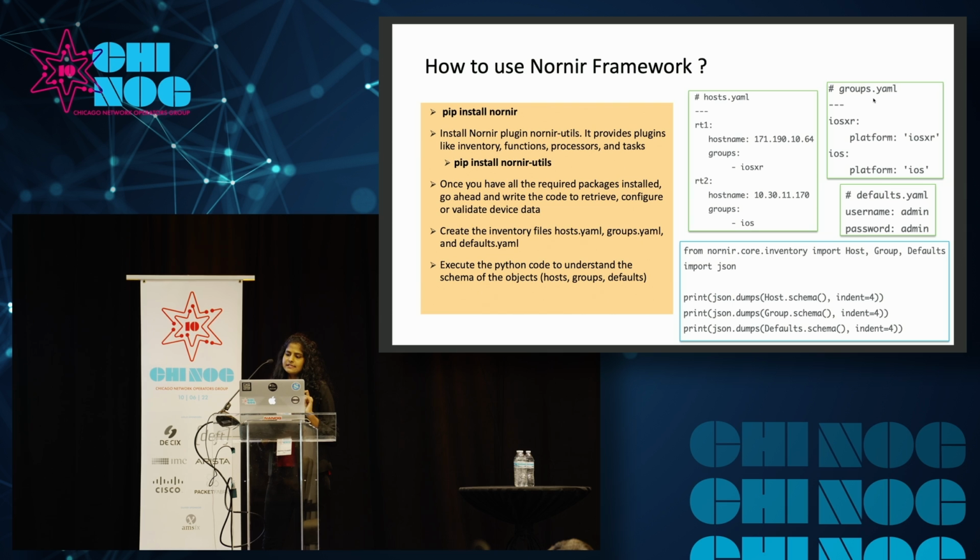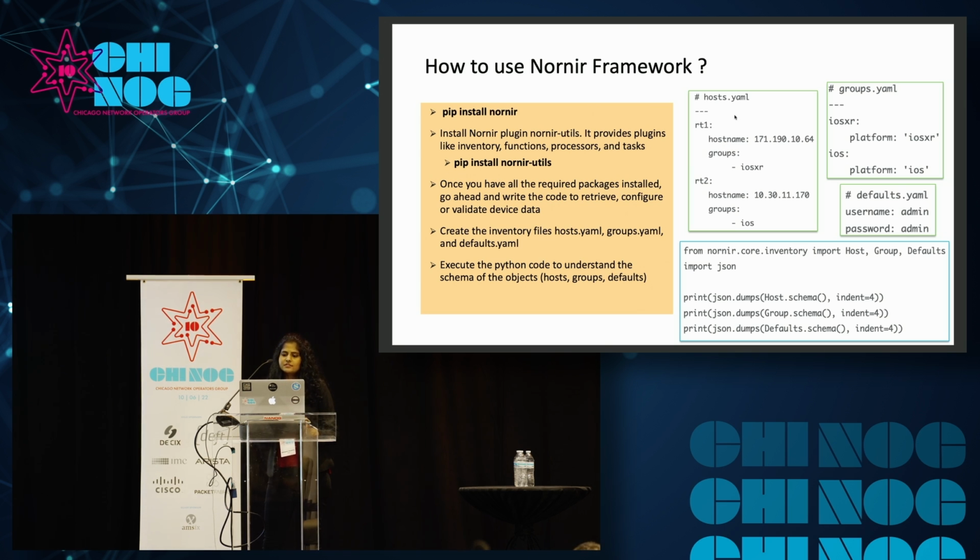The groups.yaml file contains the platform names, for the different platforms. And the defaults.yaml file contains the username and password of these hosts. If you have a common username and password for all the hosts, then you can just create a defaults.yaml file. Else, you can provide the specific username and password in the host.yaml file itself.